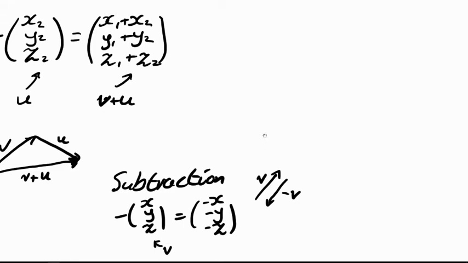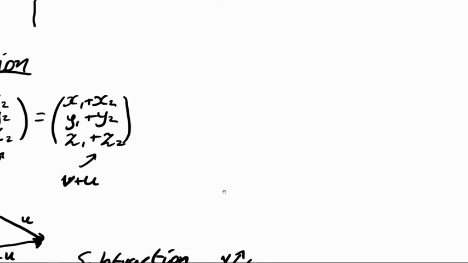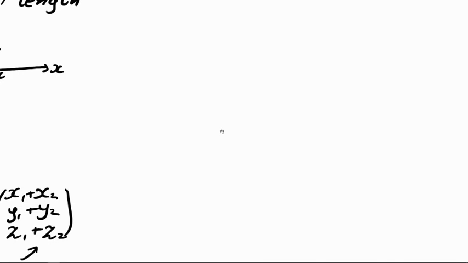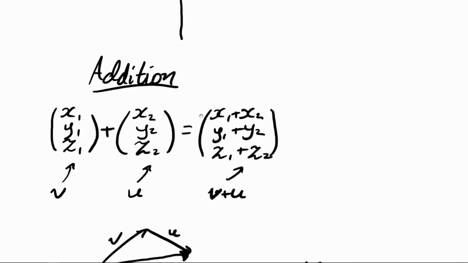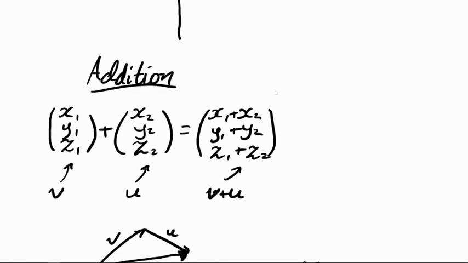The next thing we can do is almost an extension of addition. We can multiply, but we don't multiply two vectors together. We multiply a vector and a number together. So, multiplication.